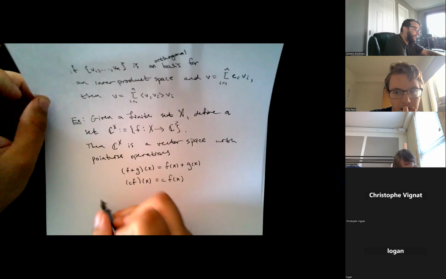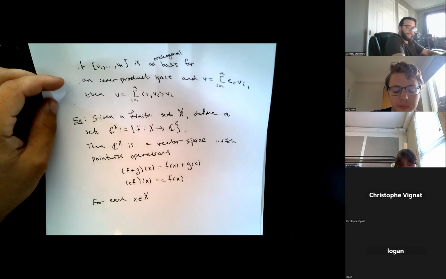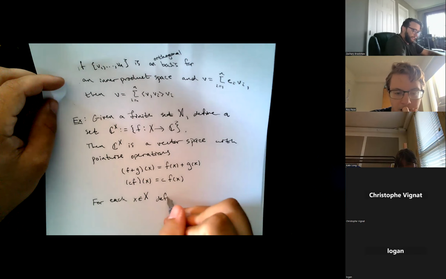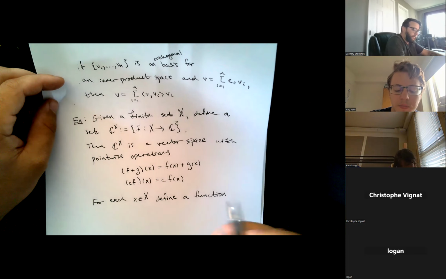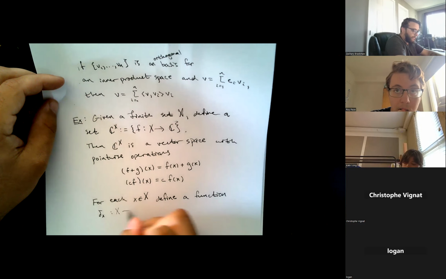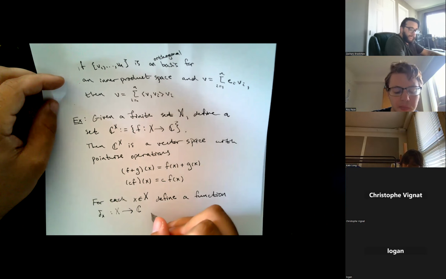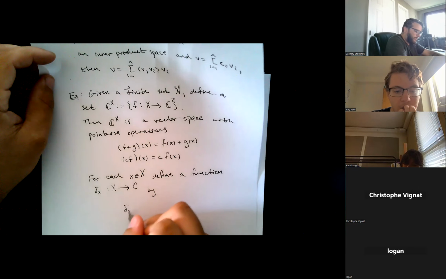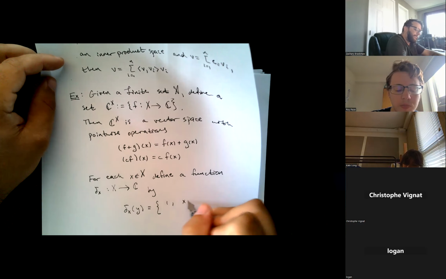Now, for each x in our set X, we can define a function delta x from X to C so that it lives in this set. We can define it by delta x of y is equal to 1 if x is equal to y and 0 otherwise.